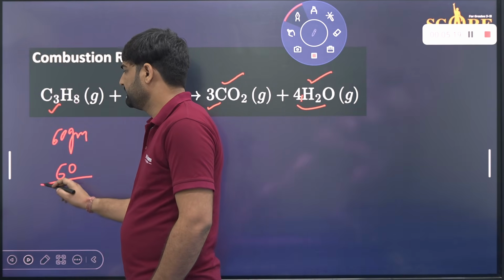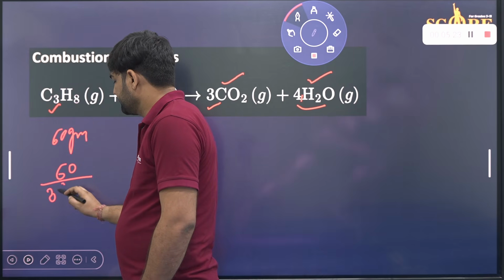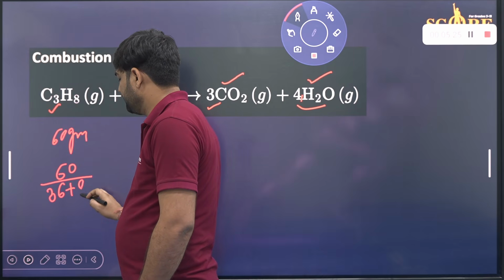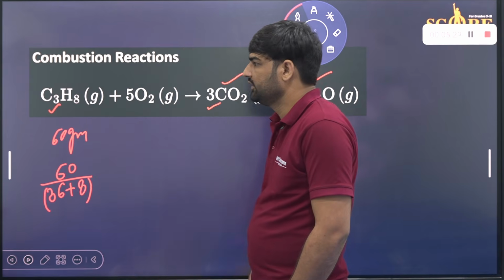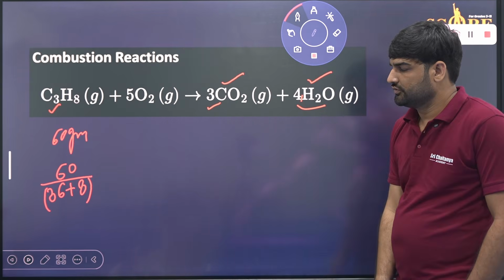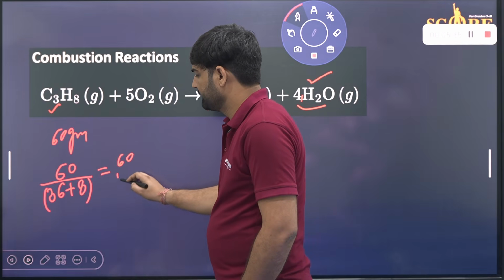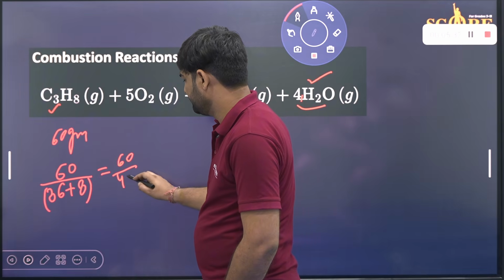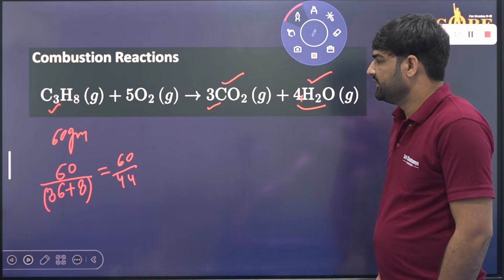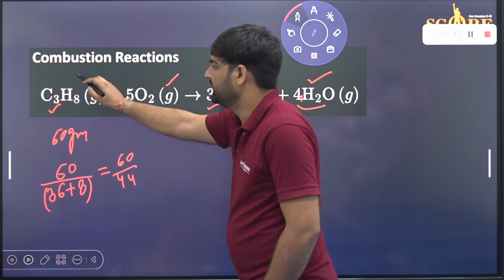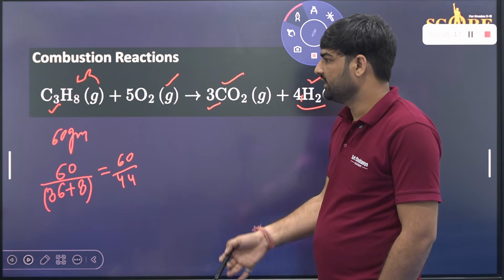The molar mass is: carbon is 12, so 36, and 8 for hydrogen. So the moles will be 60 upon 44. And since oxygen is in excess, this is the LR, limiting reagent. The reaction will proceed in terms of LR.